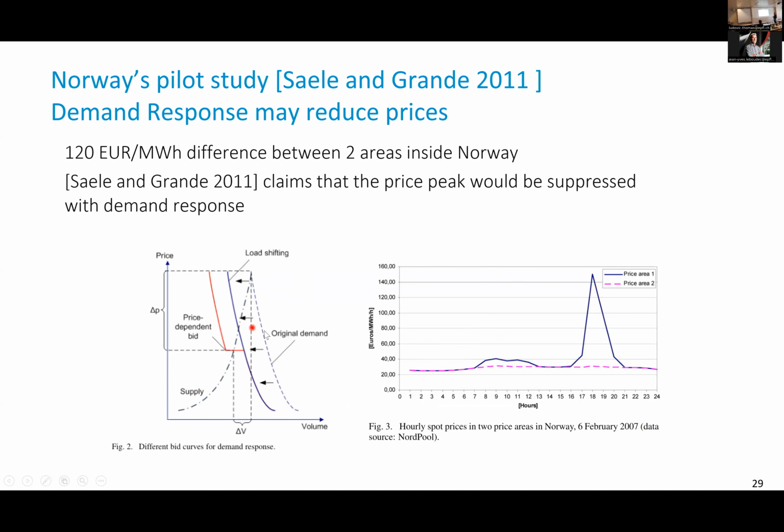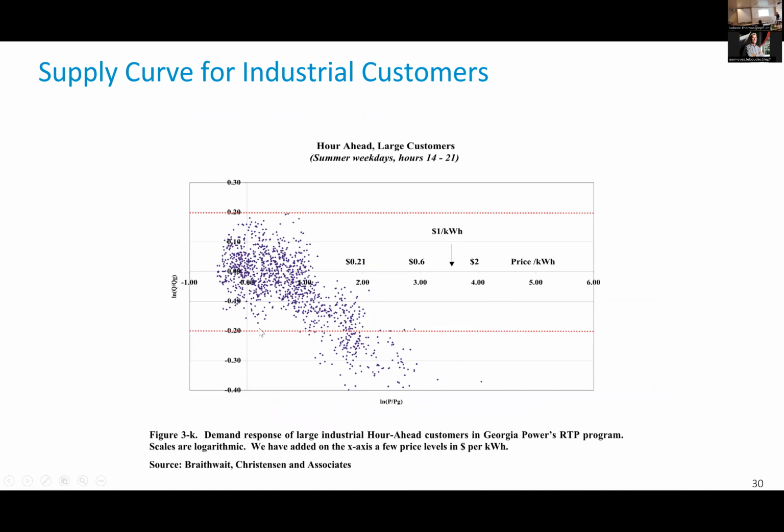That was the original demand, and the price for a given area of the country was at this high value here. You see that if you shift the demand, because demand response has the effect of reducing the demand curve, then the price where they intersect will reduce here. There are other mechanisms that can reduce it even further that we'll skip here.